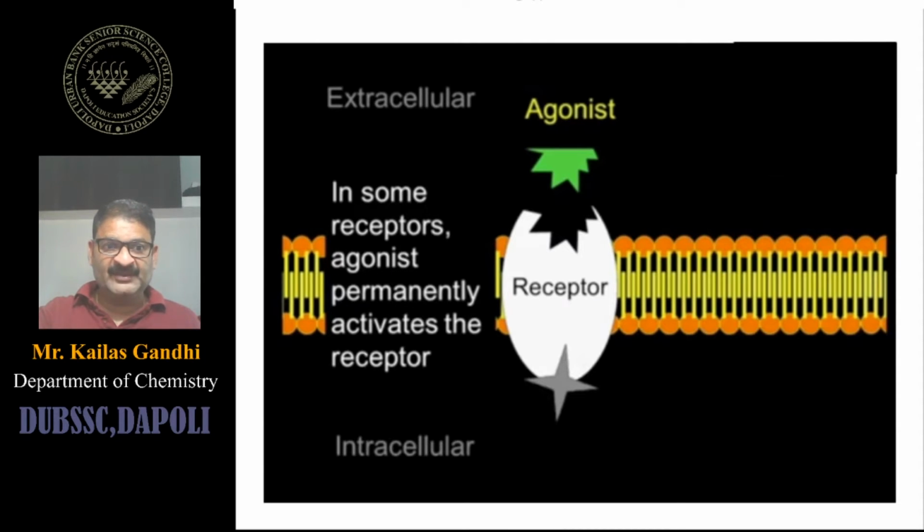So with this agonist, we are moving towards the antagonist, which gives a completely contrasting type of activity. So here we are getting the idea of the agonist-receptor interaction. Slowly the video is moving, that's why it takes time. We are moving towards the interaction of the receptor and antagonist.